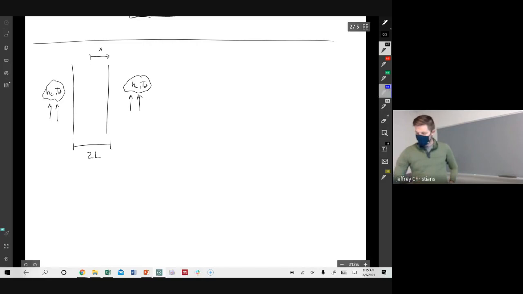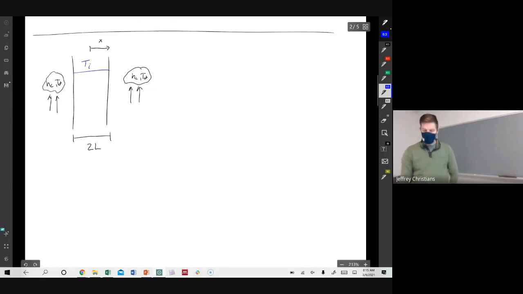If we were to look at the temperature in the thing, it's going to be somewhere at a high temperature T initial, and then it will eventually be cooling down. So it'll be doing something like that as we let time go.